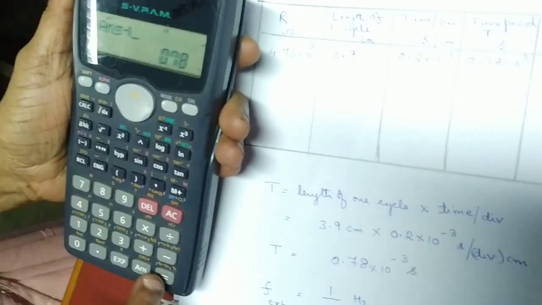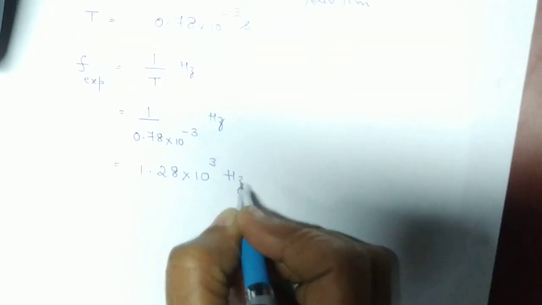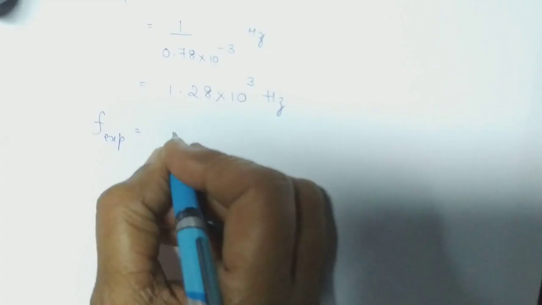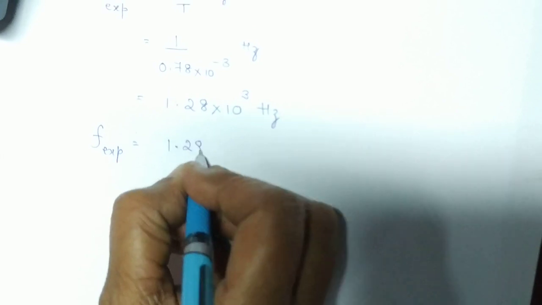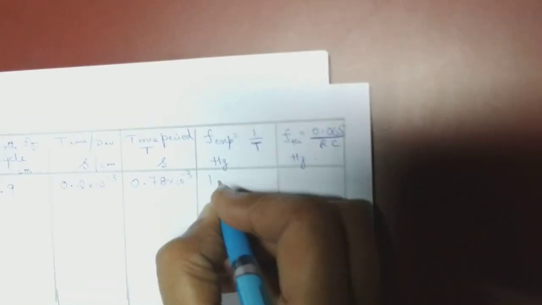I will now directly take the reciprocal of 0.78, which is 1.28. 10 to the power of minus 3 in the denominator is 10 to the power of 3 in the numerator, and therefore f experimental is equal to 1.28 kilohertz. I will enter it in the tabular column, 1.28 into 10 to the power of 3 hertz.